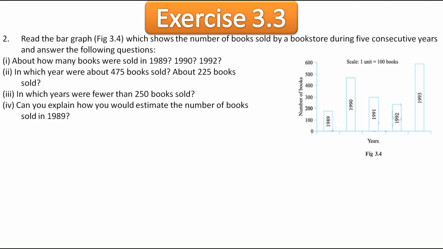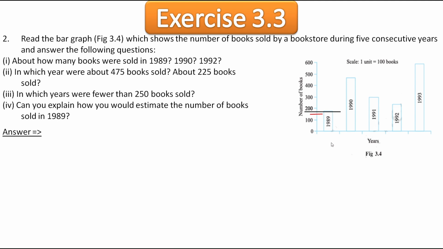Let's check where the bar for the year 1989 is touching. They have not given a clear idea here, so how can we understand? Half of 100 and 200 is this red line, but the bar is just about this red line.